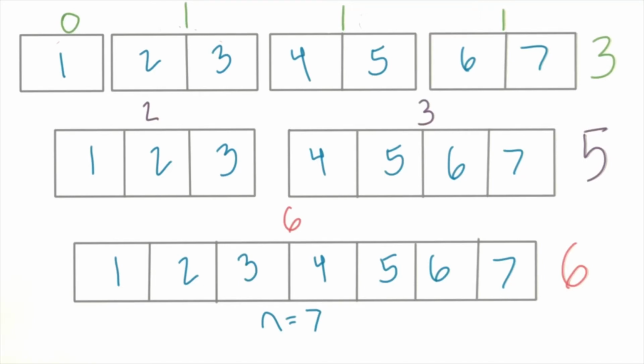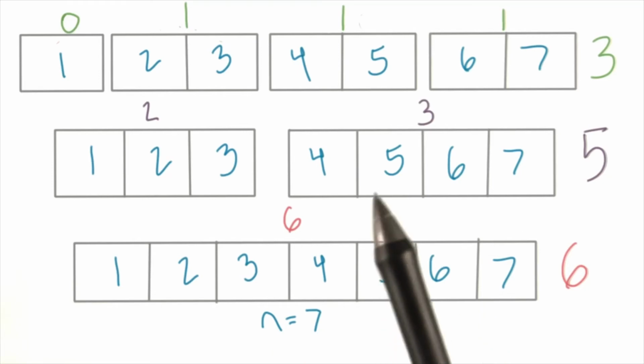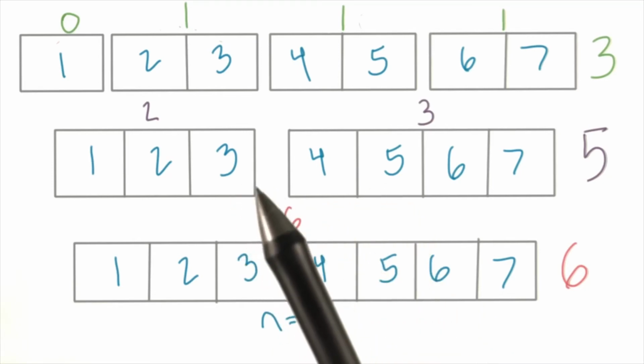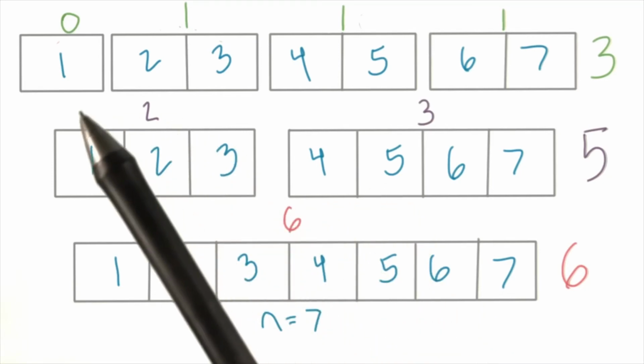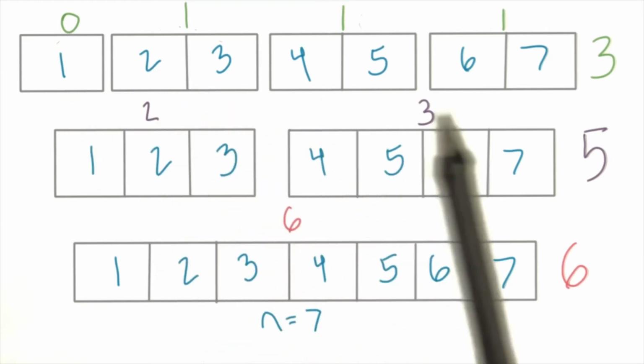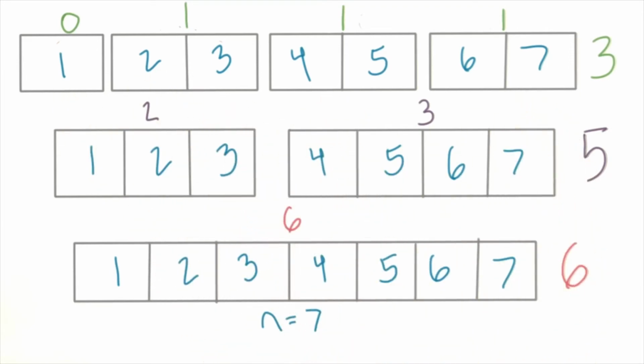So again, here we have an array of 7, here we have an array of 4 and an array of 3, which adds up to 7, and here 1, 2, 2, and 2 adds up to 7. Since we're just doing divide and conquer, splitting up the array at each step, we can say that approximately we're going to do 7 comparisons at each step. Again, 7 is an upper bound. We're never going to do more than 7 comparisons, but at many steps we get close to 7.